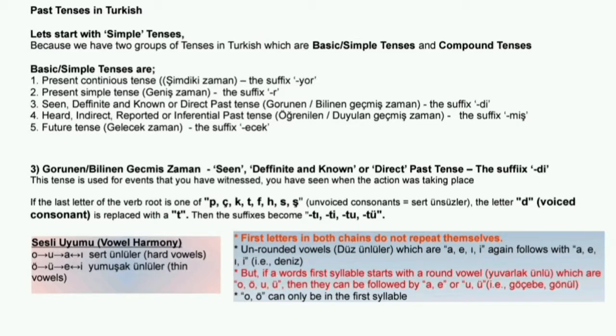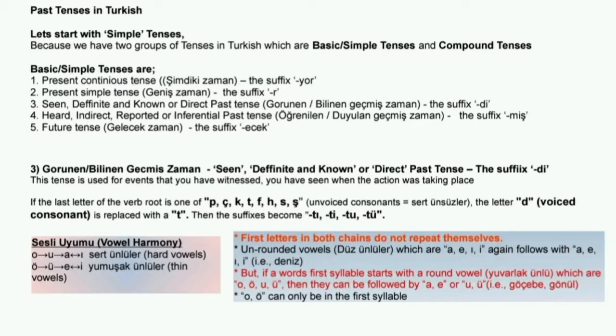Up to now, with me you have learned şimdiki zaman, which we make with the suffix yor. And then you have learned geniş zaman, the suffix a. Now we will continue with the görünen, bilinen geçmiş zaman, which means seen, definite and known, direct past tense.